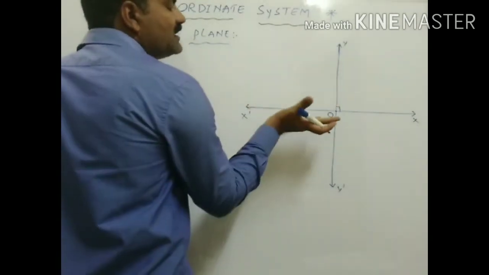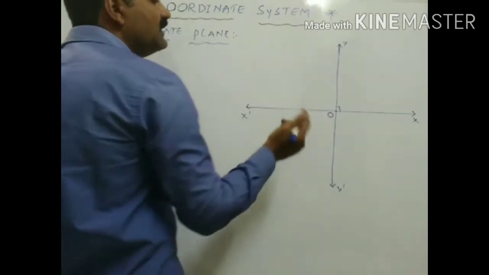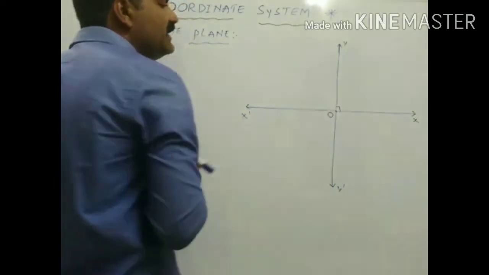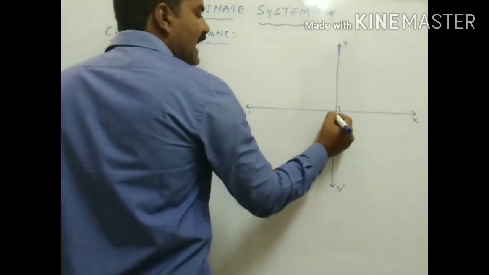Since one is horizontal and one is vertical, they definitely intersect at a point. Assume the point as O.